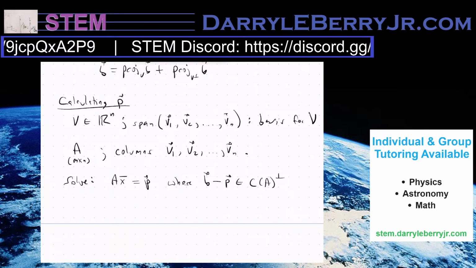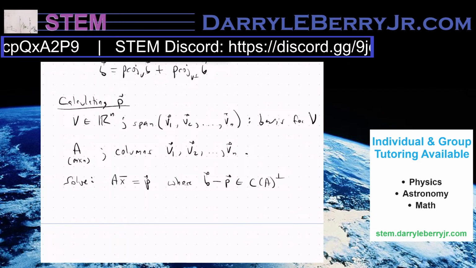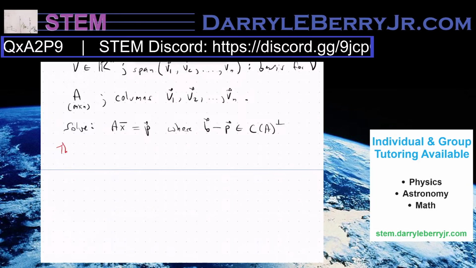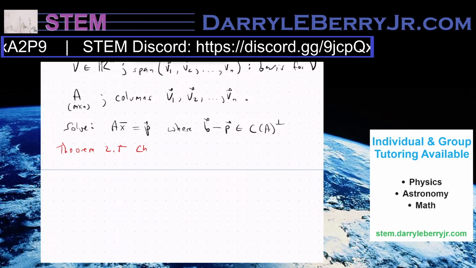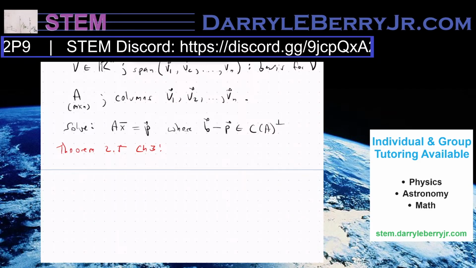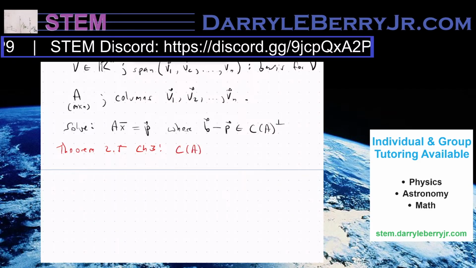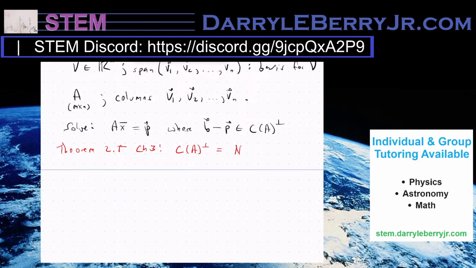That is, B minus P is orthogonal to the column space of A. Well, by theorem 2.5 of chapter 3, the column space orthogonal to the column space of A equals, I guess I do remember this vaguely.